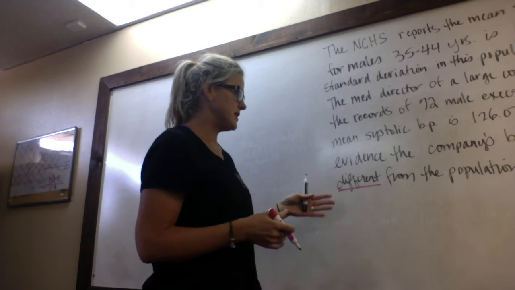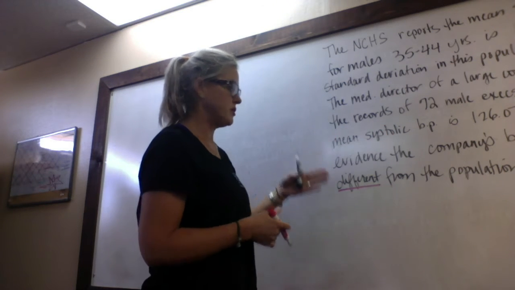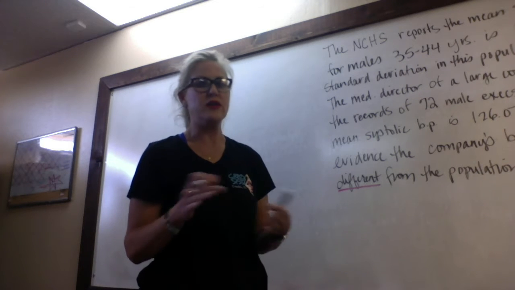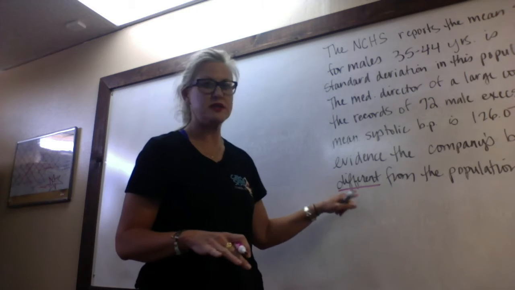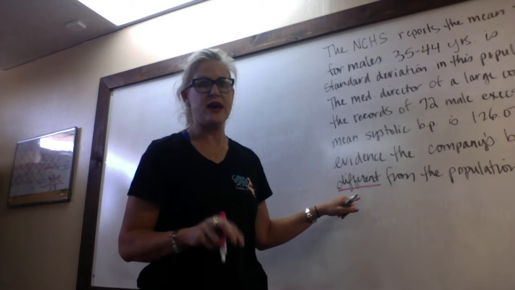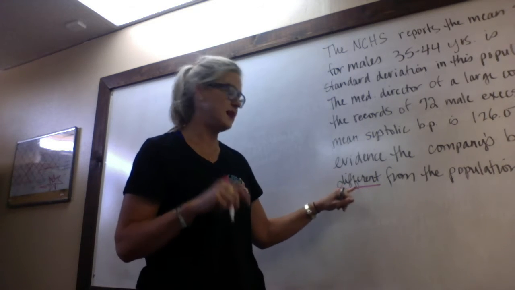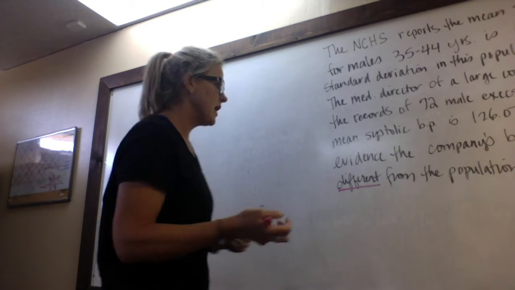This medical director isn't stating they believe the executives' blood pressure is higher than the population or lower than the population, greater than or less than, just different. So this magic word, different, tells us how to structure our hypotheses, and it tells us that we have a two-tailed test. If it had said greater than or less than, then we would do a one-tailed test.